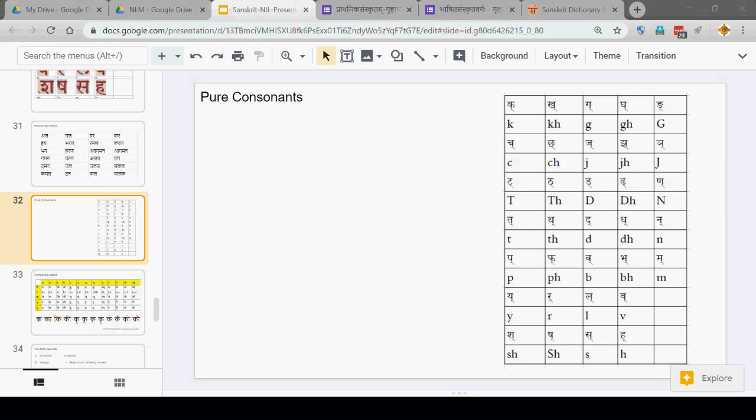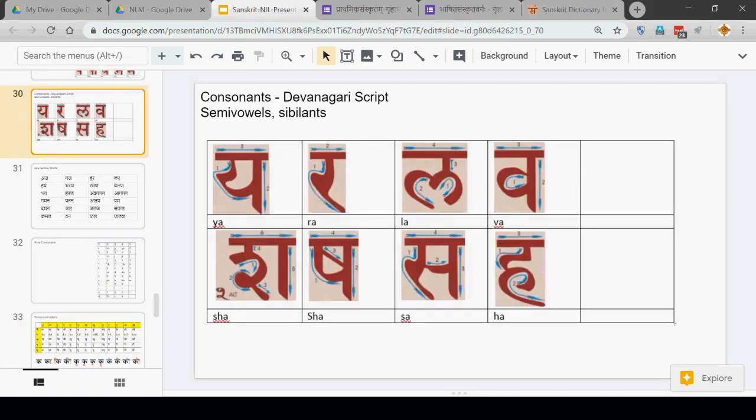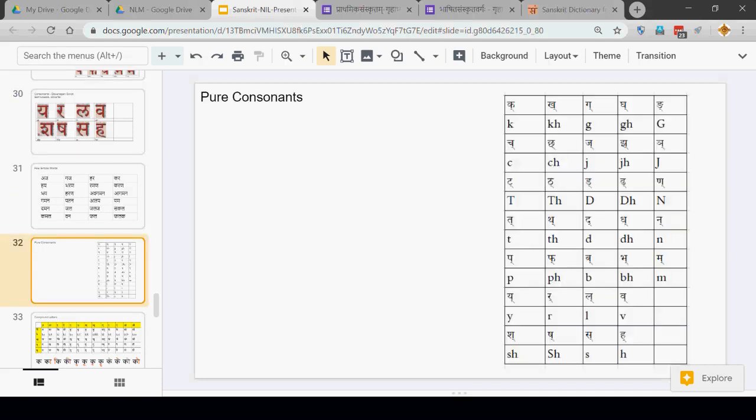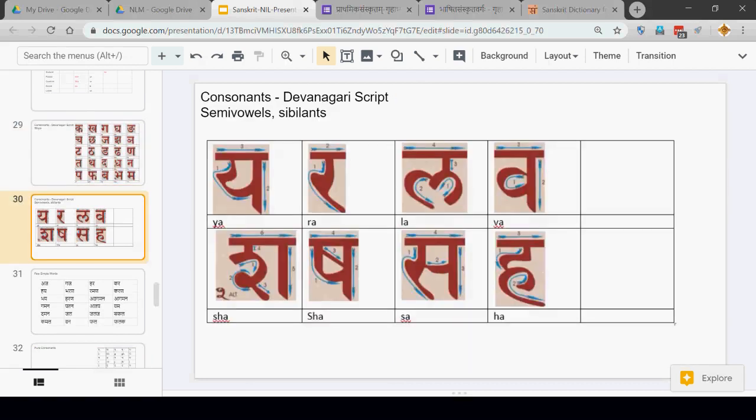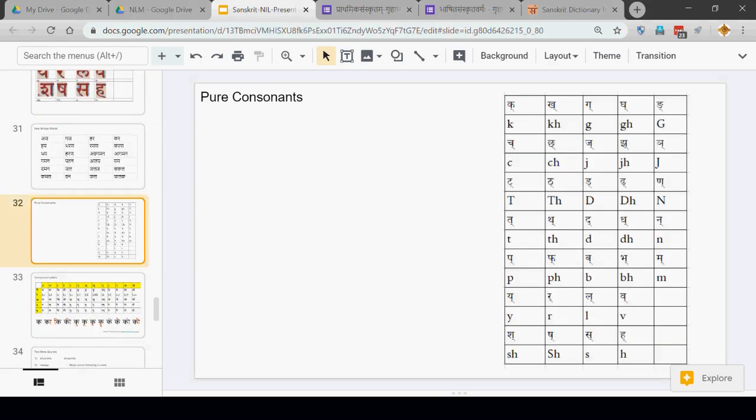All those still need the help of a vowel to be pronounced. So you mean the ones shown on this chart here? That's correct. All of them need the help of the vowels. So all the consonants, whether they are in these five lines or these ones, all of them need the help of vowels. Yes. Thanks.